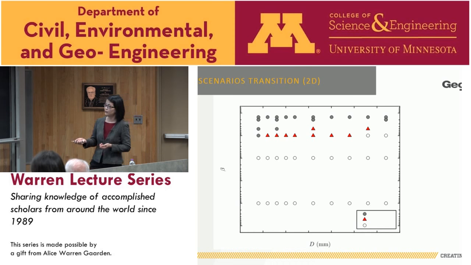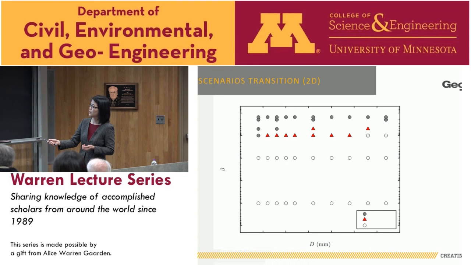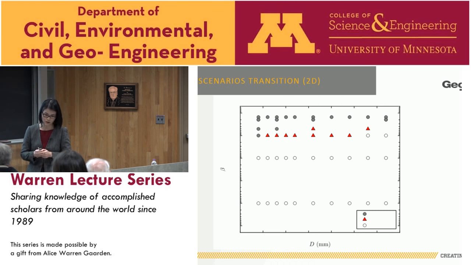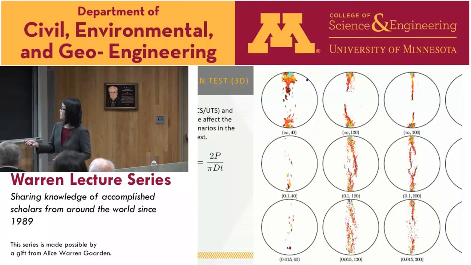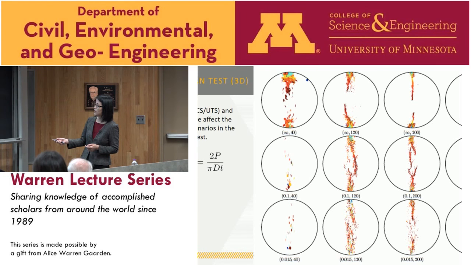So the failure mechanism actually depends on beta, that means the strength ratio, and also the sample size as well. And if we go back, a larger sample size is actually not helping. The smaller one gives you a center crack. The larger ones almost go back to the indentation type.